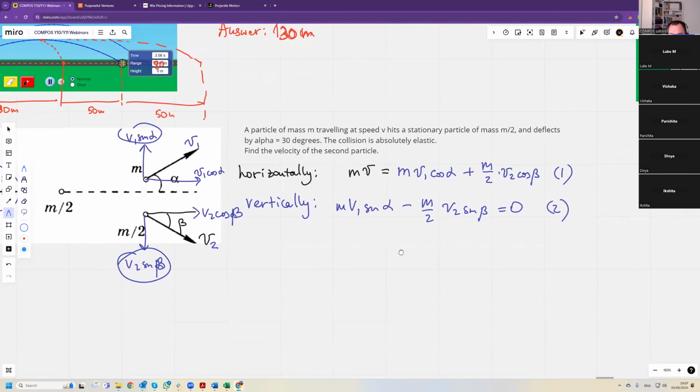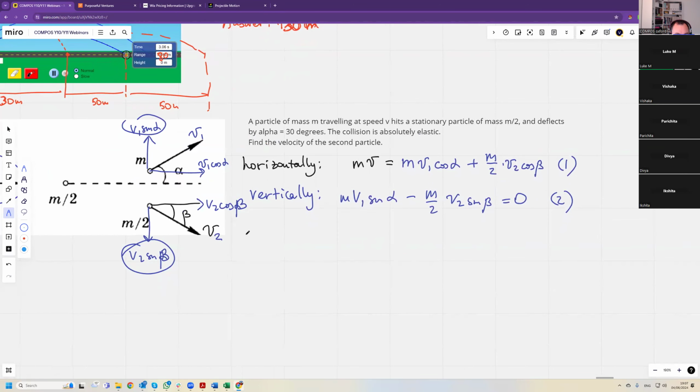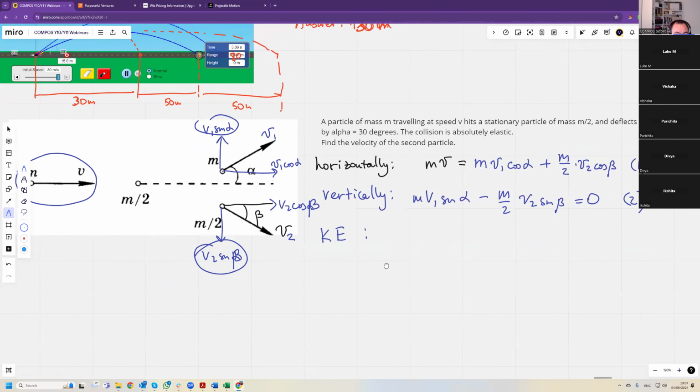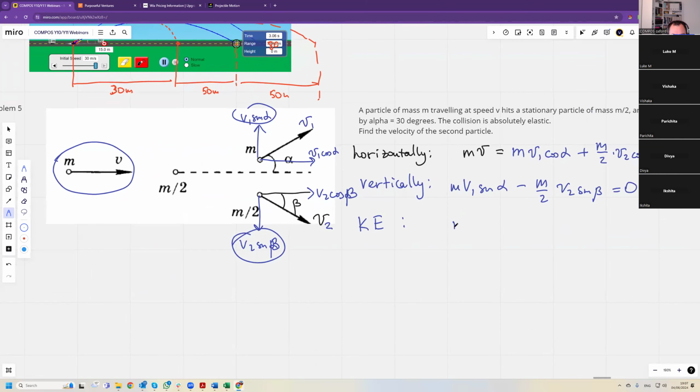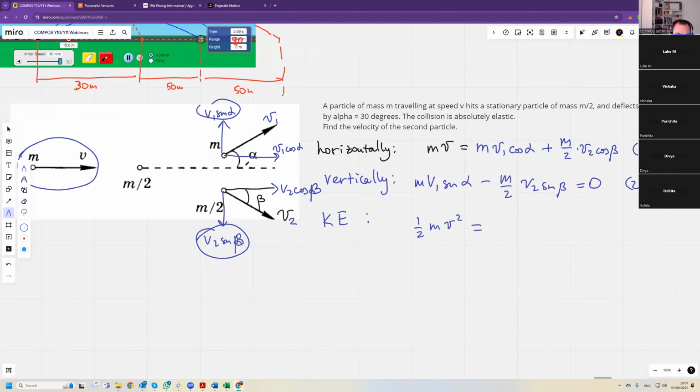Now, the third equation is conservation of energy, kinetic energy conservation. That means 1/2 mv squared is equal to the kinetic energy of this particle, so 1/2 mv1 squared plus 1/2 m over 2 v2 squared.